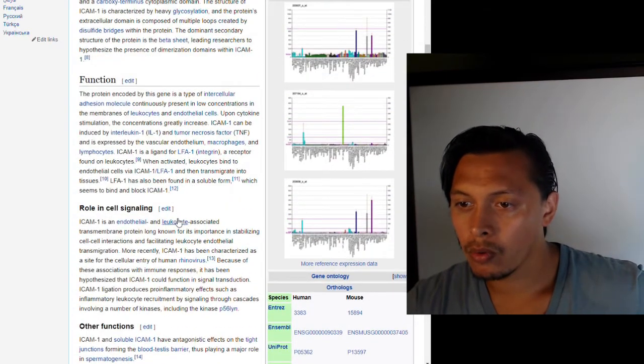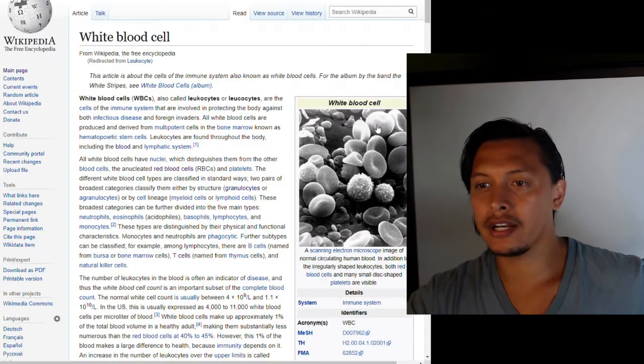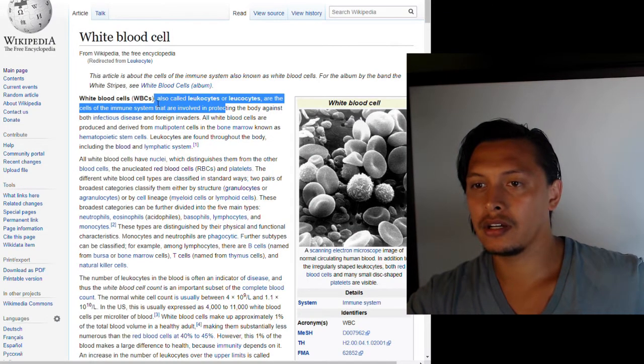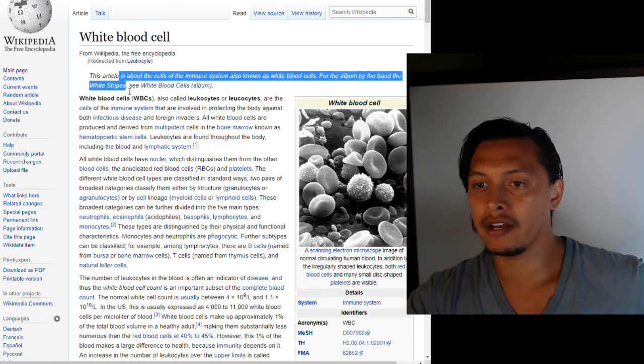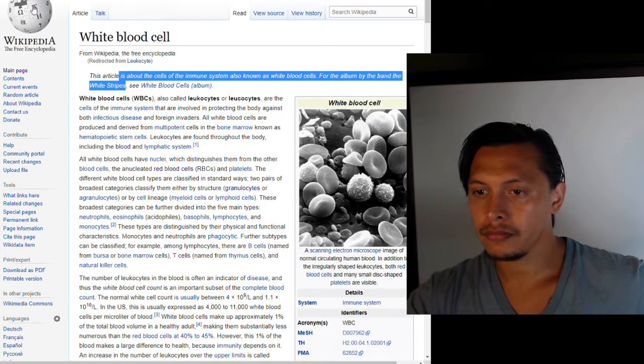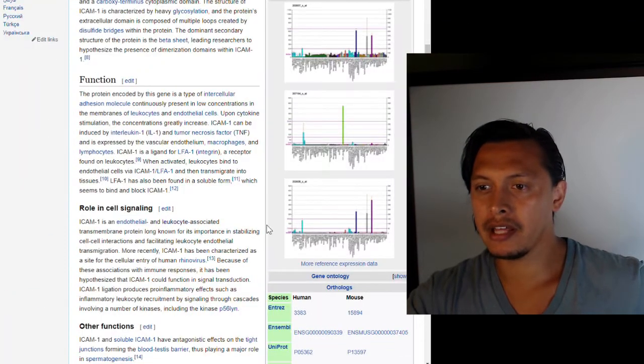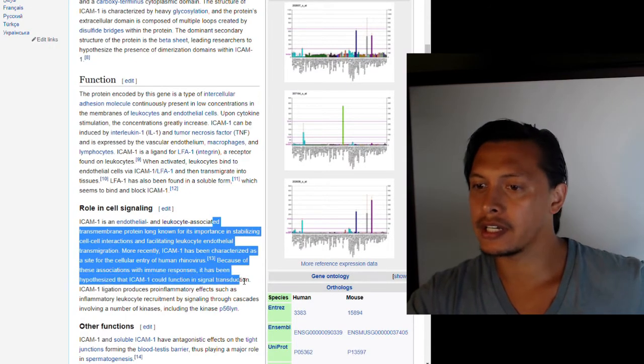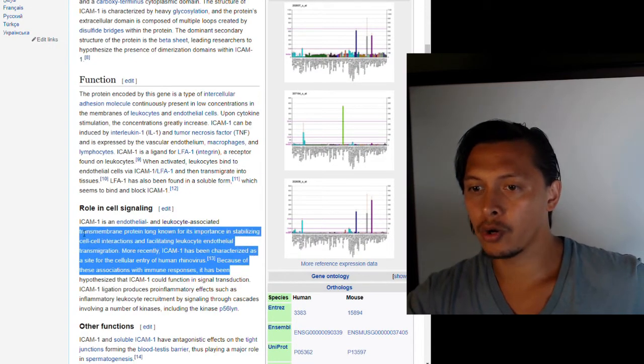Leukocytes are any of the white blood cells, so maybe they are convincing the neutrophils to dig in. I'll have to do more reading on that.